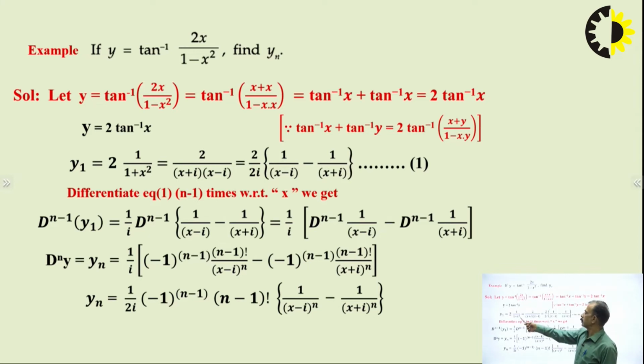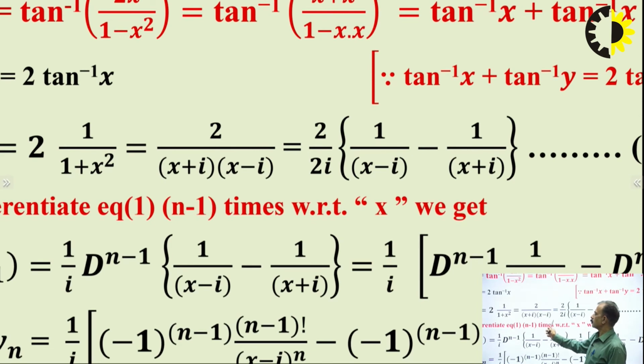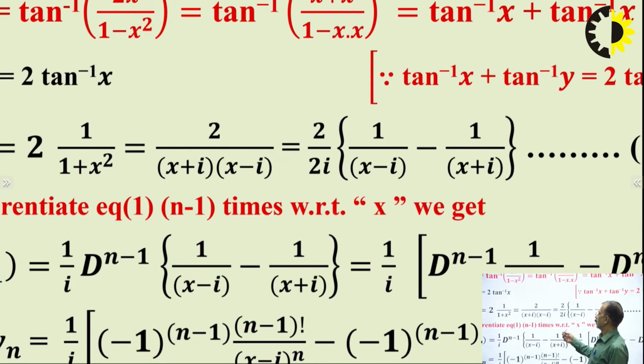The first derivative is y1 equal to 2 into 1 upon 1 plus x square, which equals 2 upon the linear factors of 1 plus x square, that is (x plus i) into (x minus i).